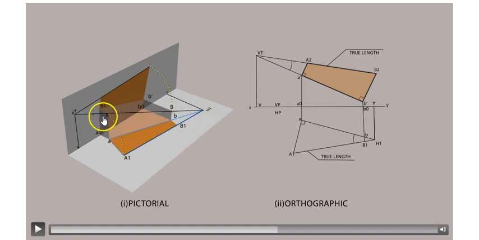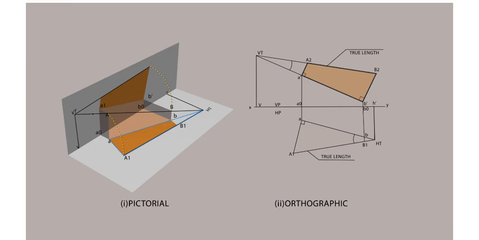So naturally this distance should be equal to this distance, and hence A1A will always be equal to capital AA, and B1B will be equal to capital BB. So this is one important observation we would like to make here.